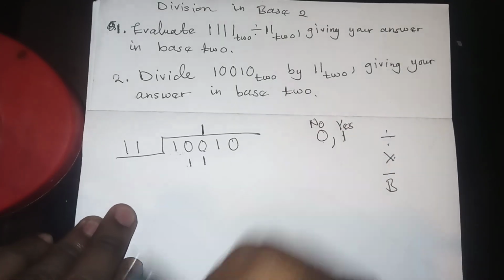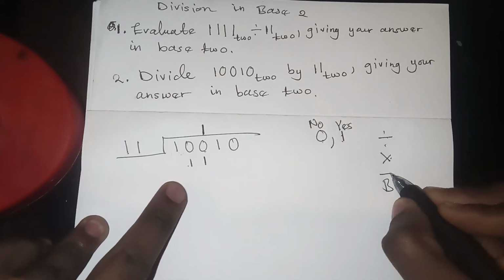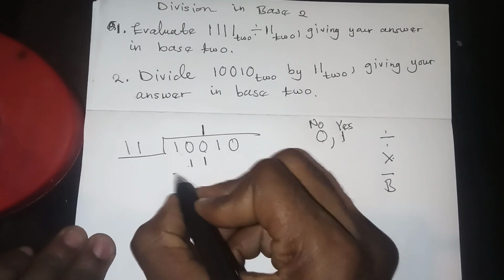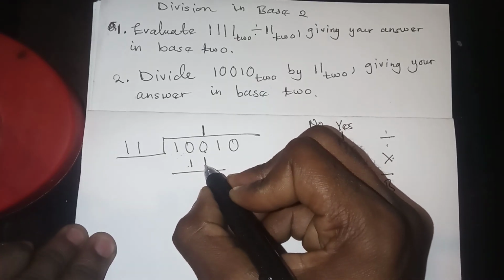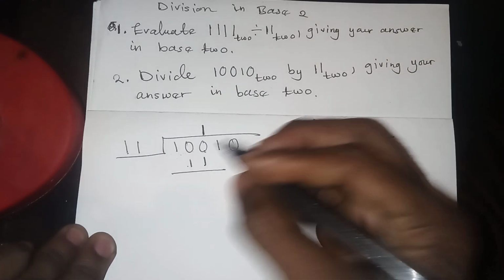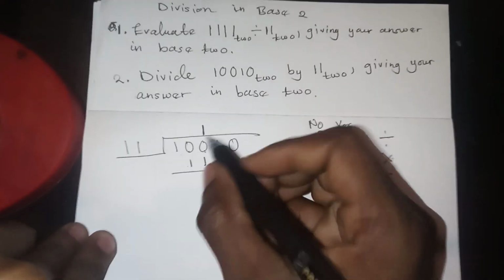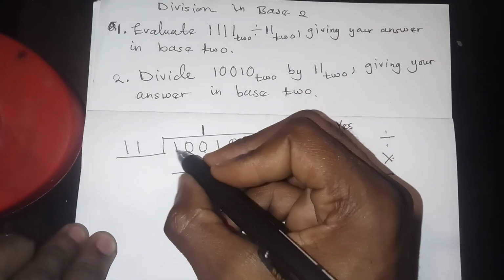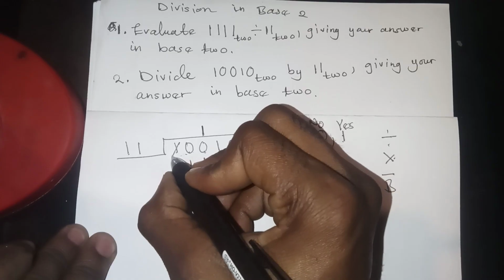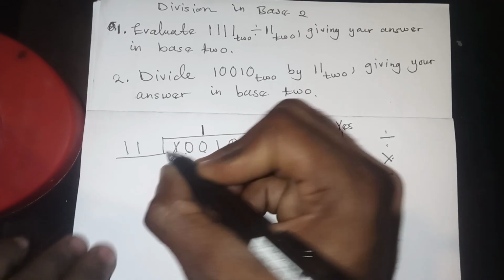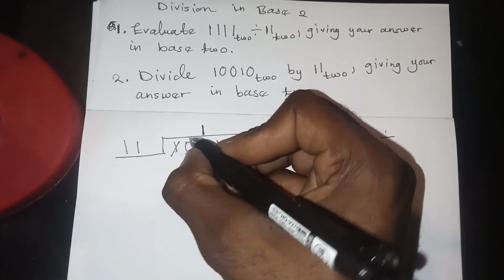Now that you have multiplied, you can proceed to subtraction. So we can say 0 minus 1. This is not possible. So what do you do? You borrow from the next digit, but we have a 0 here. So you borrow from the next digit again. So now you borrow a 1 from there, but because we are not in base 10, we are in base 2.